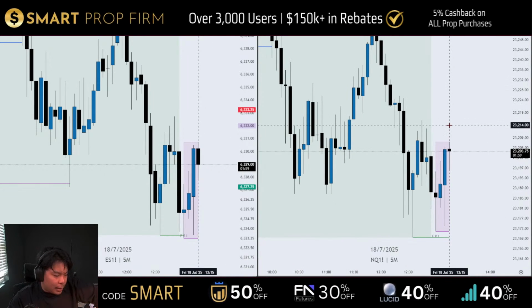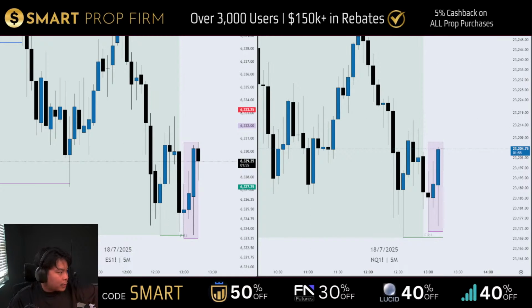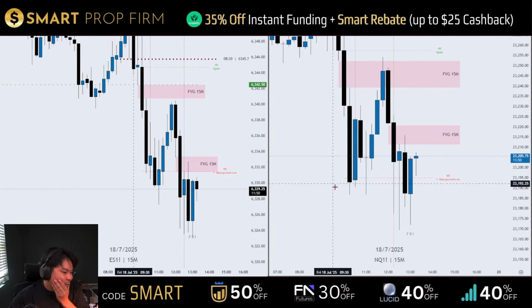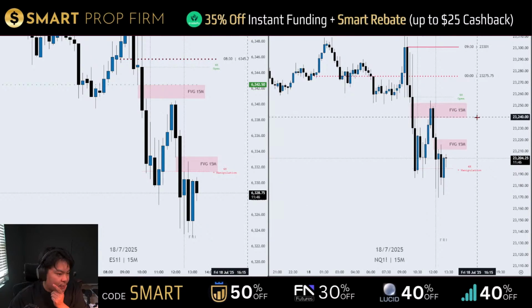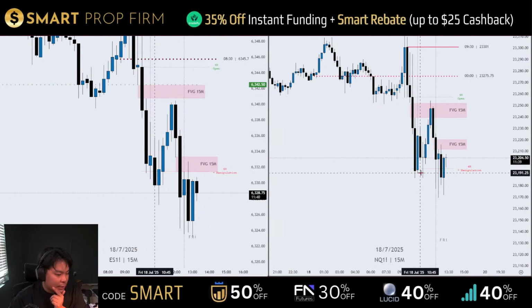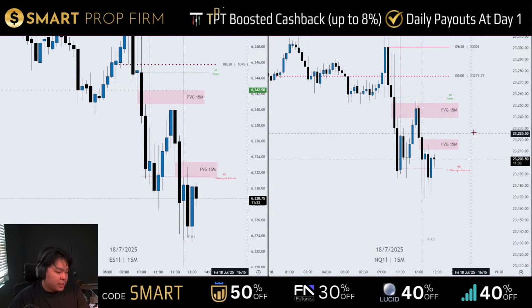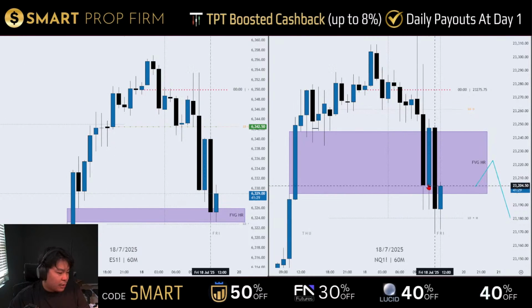Anyways, I'm trying to focus on trading right now. It's still nothing, so we could go off on a tangent if we want. I don't know how I feel about this price action. It is bearish though. You see this bearish 15-minute fair value gap made, respected, moved lower. This gap here, inverse. So this is very clearly a bearish bias right now on the 15-minute time frame. I'm not talking about the higher time frame. Even the hourly, I could argue it.